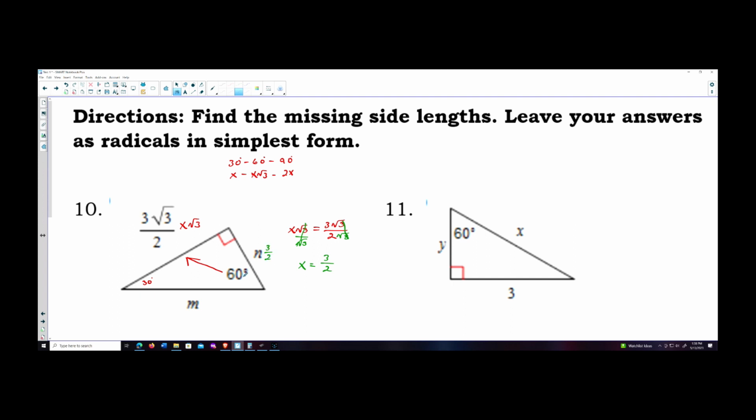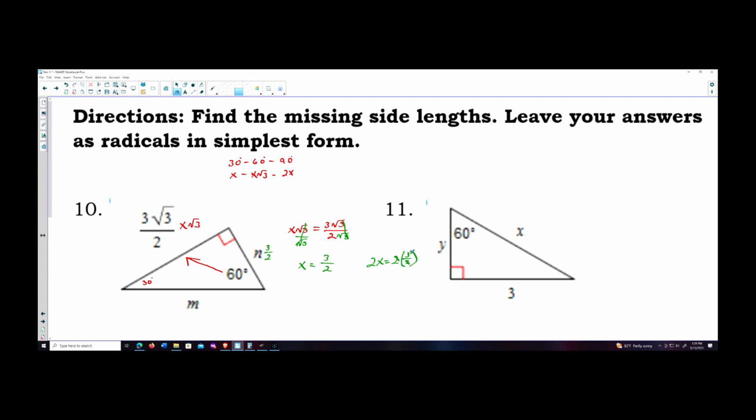All I have to do to find what's across from 90 is double x. x is 3 halves, so double it. So that would be 2 times 3 halves. Notice you can cancel the 2 right there and it leaves you with 3.